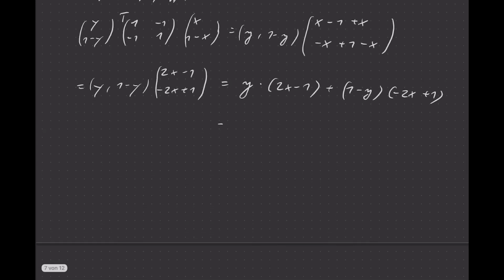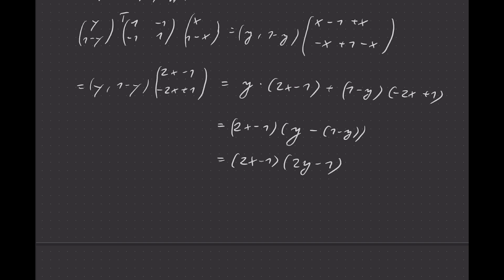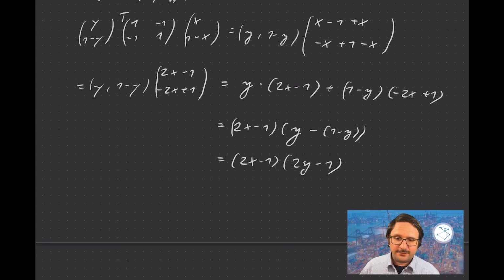Or you could also say what we're getting here is 2x minus 1 times y, and then we have minus 1 minus y. And if we simplify that, we get 2x minus 1 times 2y minus 1. So that's the expected payoff.